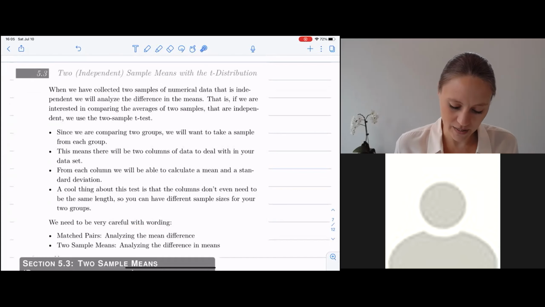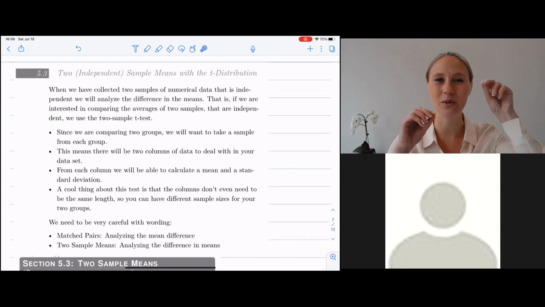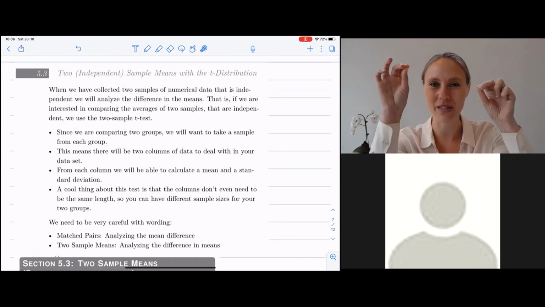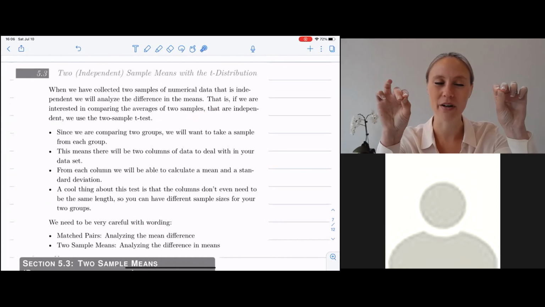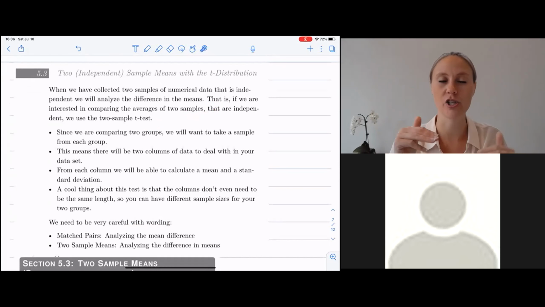But let's go back, kind of introducing the problem here. If we're interested in comparing the averages of two samples that are independent, of course, we use the two sample t-test. And the problem then becomes, we can't use that trick where we subtract one observation from the other, like we did with paired data, because we don't have that relationship anymore.